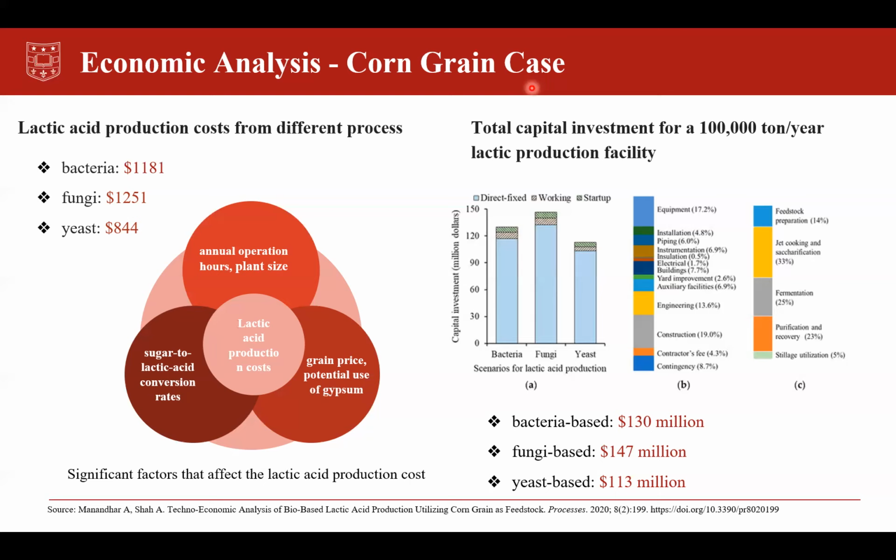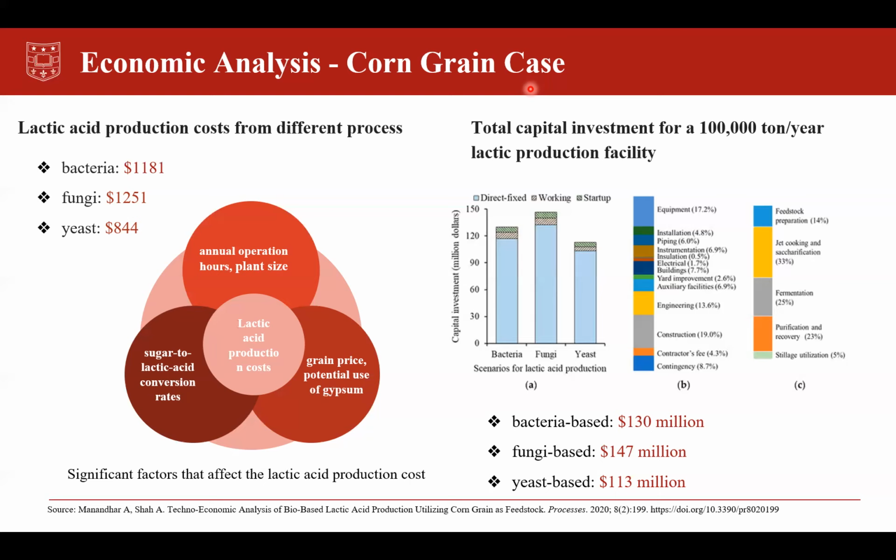The capital investment for the fungi-based pathway was the highest because this pathway requires a continuous supply of air for effective fermentation using fungi, just as I mentioned before. It means an additional air compressor and filtration units will be needed.